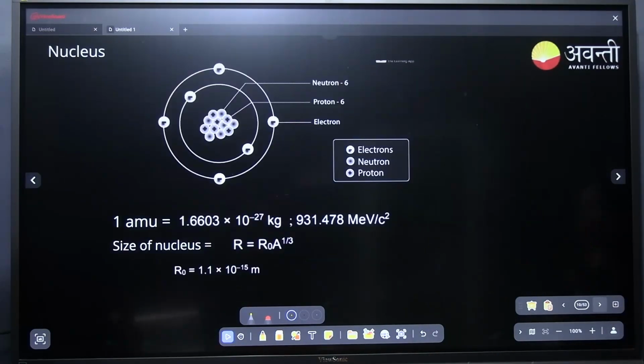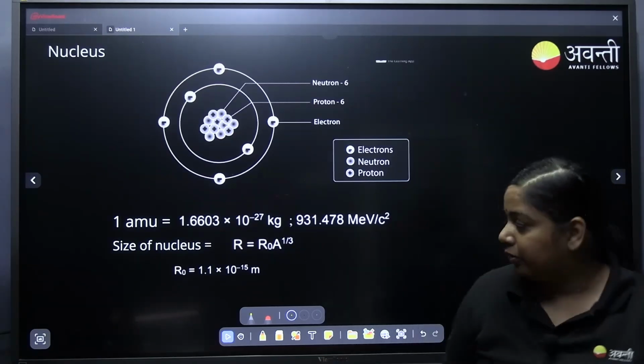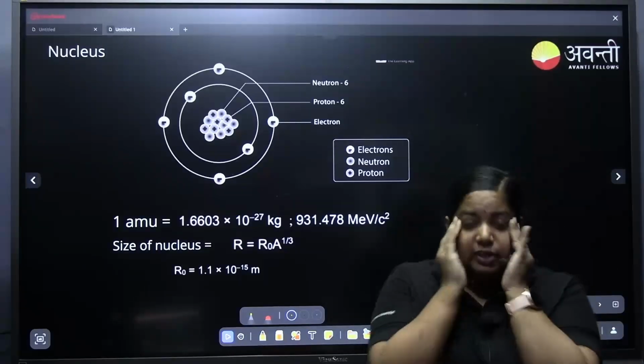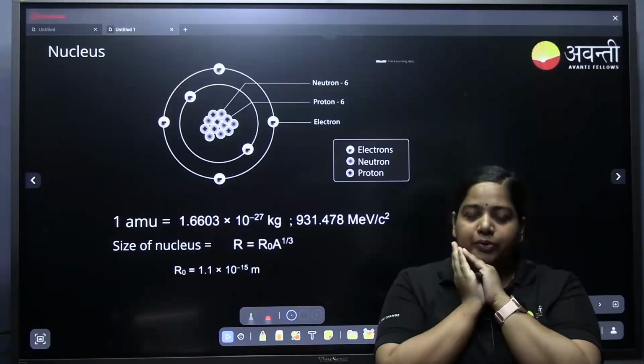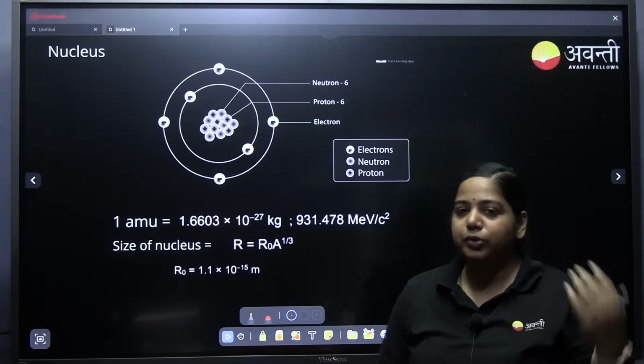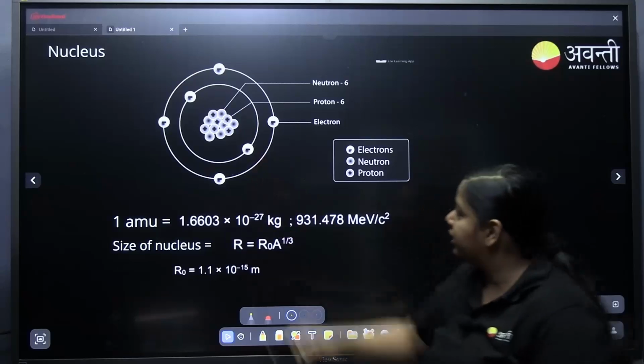Okay, moving on. Next we are coming to the nucleus. When we come to the nucleus, we have to define the AMU. Why? Because protons and neutrons are present inside the nucleus.